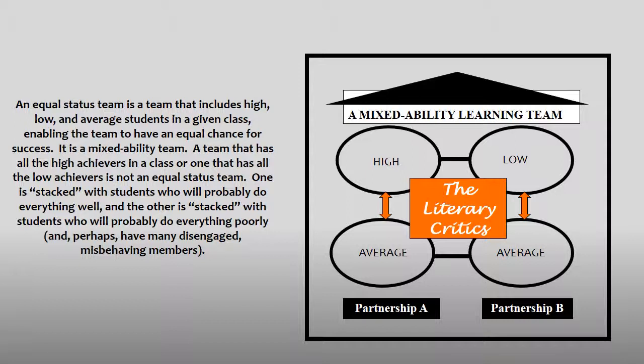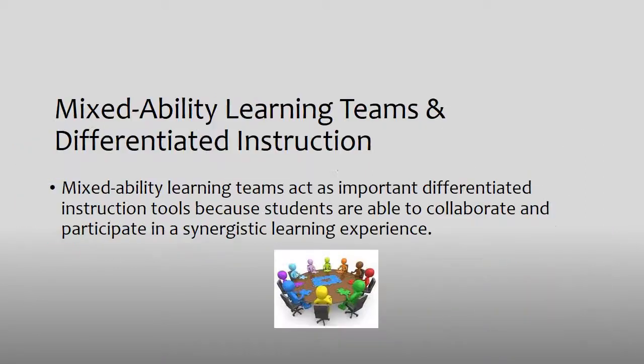Teachers who are using the student team literature model should restructure teams to ensure that they are equal status teams. I want to add that mixed ability learning teams align with the tenets of differentiated instruction. Mixed ability learning teams act as important differentiated tools because students are able to collaborate and participate in a synergistic learning experience.